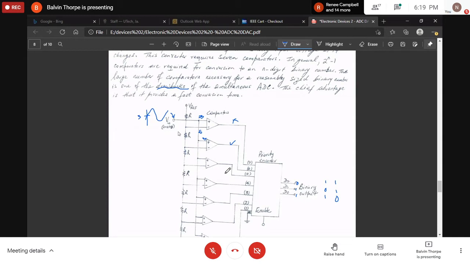Now I'm showing you that also the operation amplifier can be used to convert digital signals to analog signals, as well as it can be used to convert analog signals to digital signals.